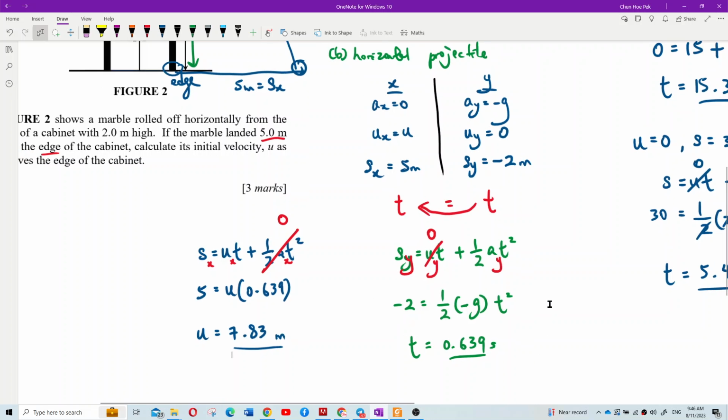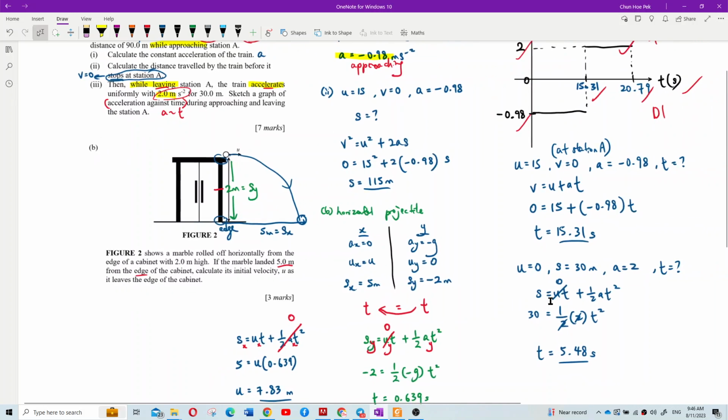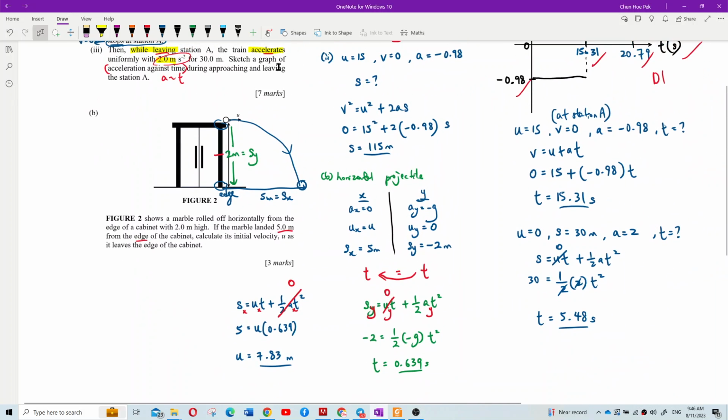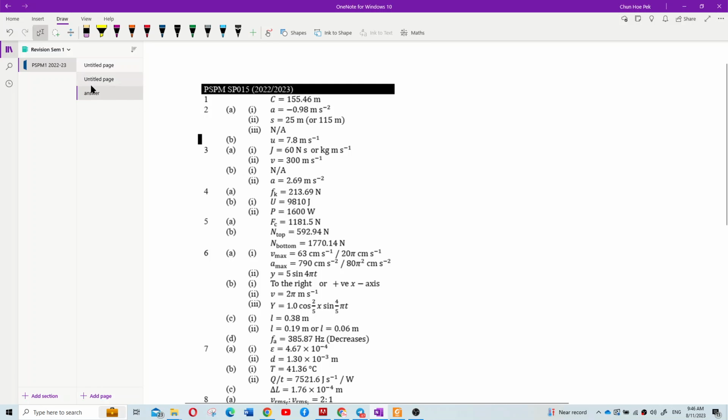Okay. Am I correct? Let's check the answer. Yeah, final answer. What's our question? The answer is 7.8 meter per second.